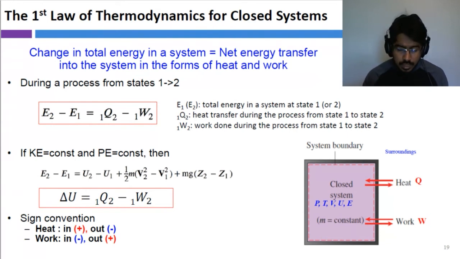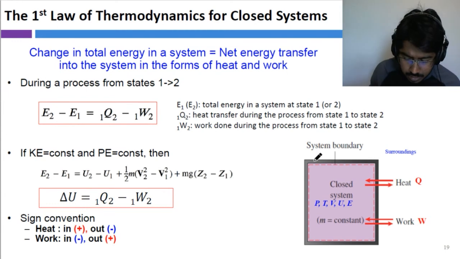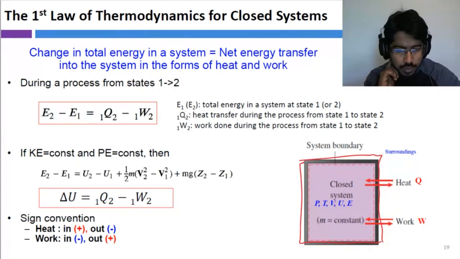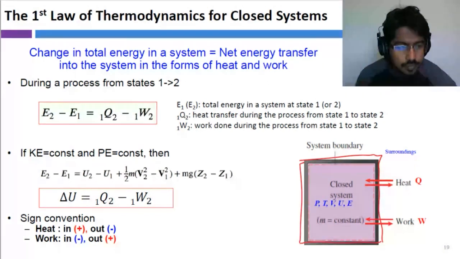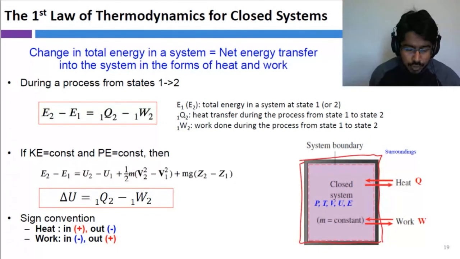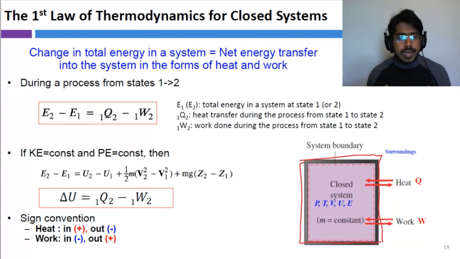Now, if we have this system, this tank that we see in the bottom right hand corner, and we want to find the energy difference from state 1 to 2, like at 10:10 a.m. we had E1 energy, and we are interested in finding the energy at 10:15 after a certain process, right?